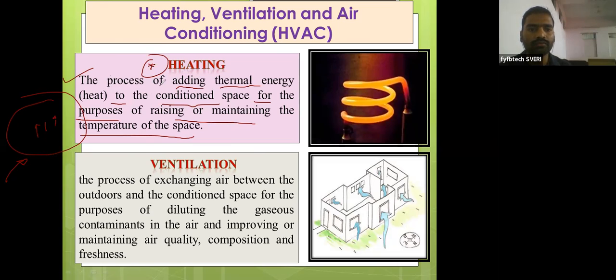The process of adding thermal energy, okay, write down.